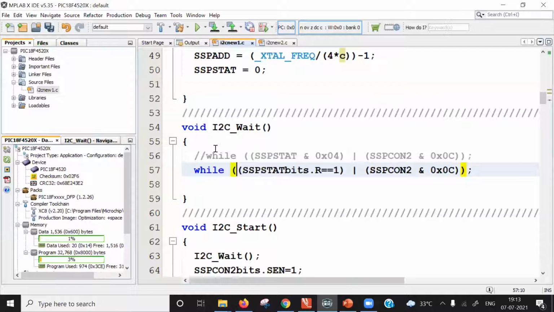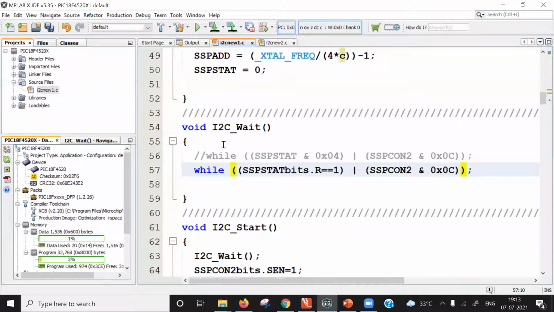When you call this function, the program waits in this function as long as there is data transmission in progress, there is data reception in progress, or the bus is not free. All these 3 conditions are simultaneously checked.